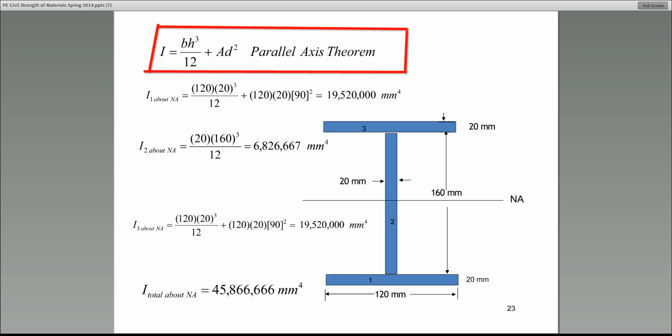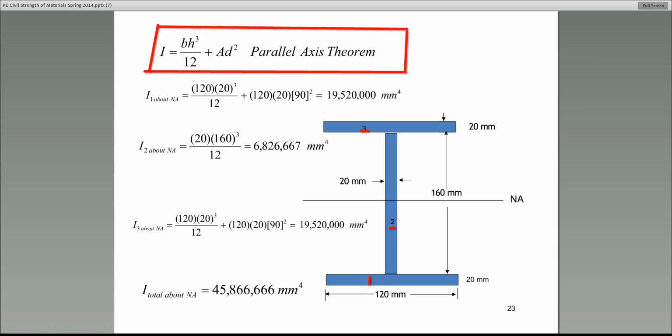The very bottom I've called 1. The web is 2, and the top flange, or the top rectangle area, is 3. So let's find the moment of inertia of each one separately. I know some of you are very, very good at this, and you do not need me to explain it, but there are some among you that may have not done calculations like this for a long time.